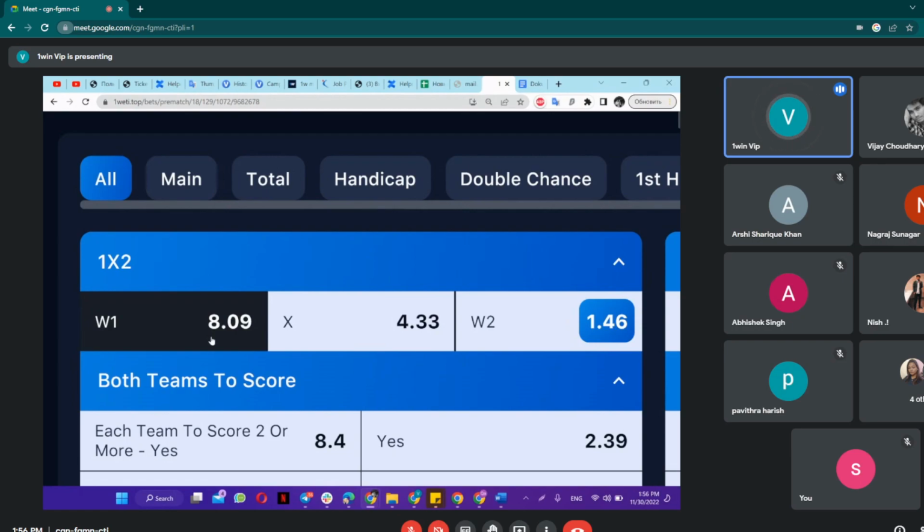So there are two different ways to calculate cricket matches: winner of the match by amount of runs or by amount of wickets.